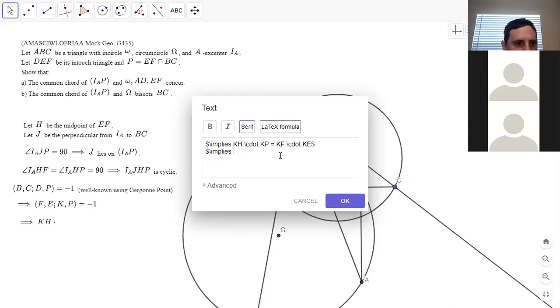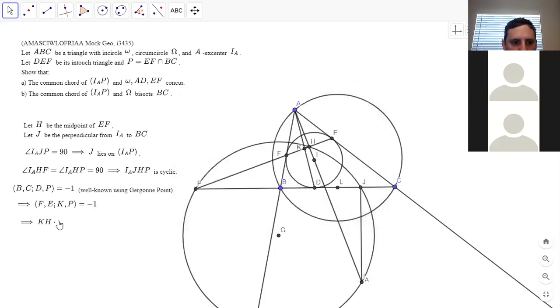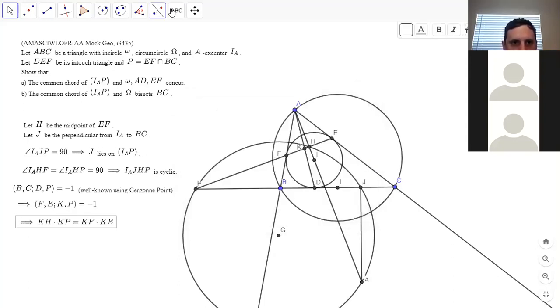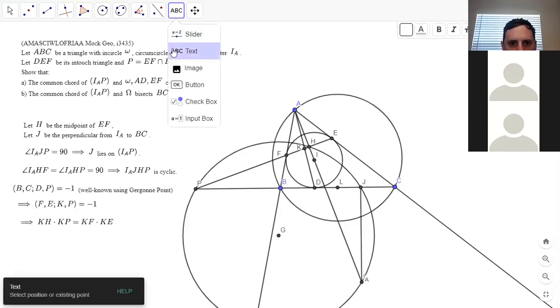I didn't even define K, so I'll do that. IP, say, common chord of, let me just cheat. Oh, whoops, KH times KP equals KF times KE. So let EF meet AB at K.